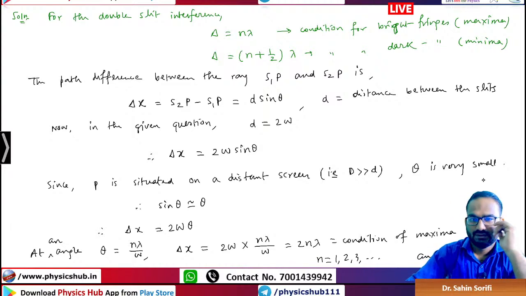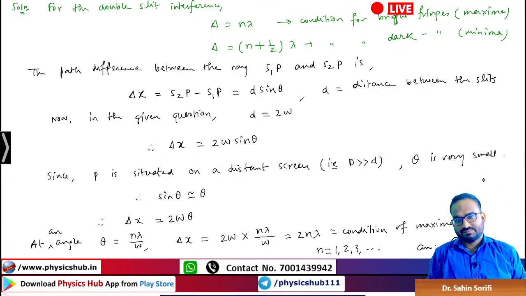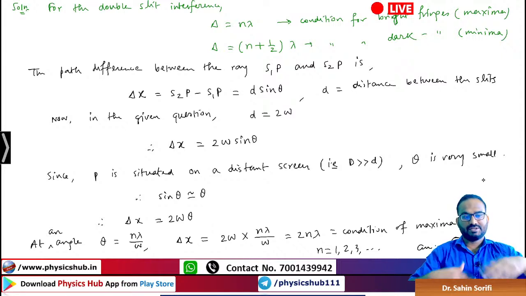We'll go for the thin film interference involving multiple reflections.